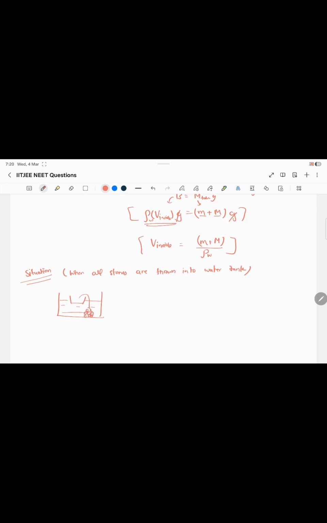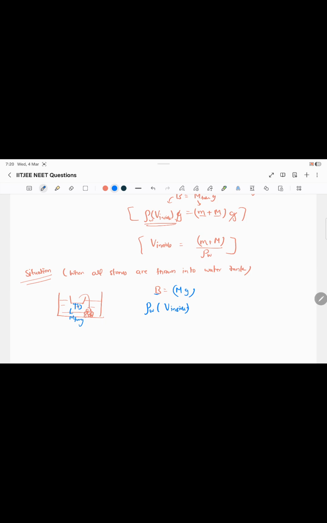Now again, if stones are thrown into water, we will use buoyancy: the total buoyancy force acting should be equal to m total into g. So this time m total is only the mass of the boat, into g. The buoyancy force will be rho of water times the volume inside water.